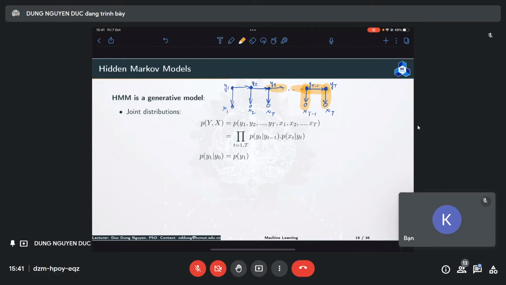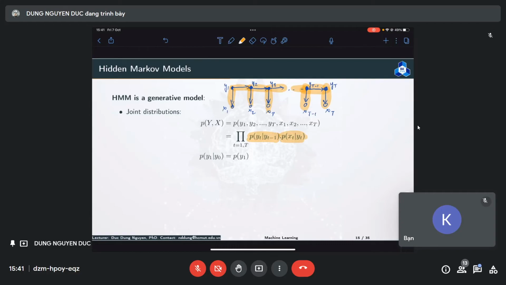So you can easily form the formula that we see down there. It's nothing but the product of the transitions and the observation, the emission probability. Okay, so that's very simple and easy.